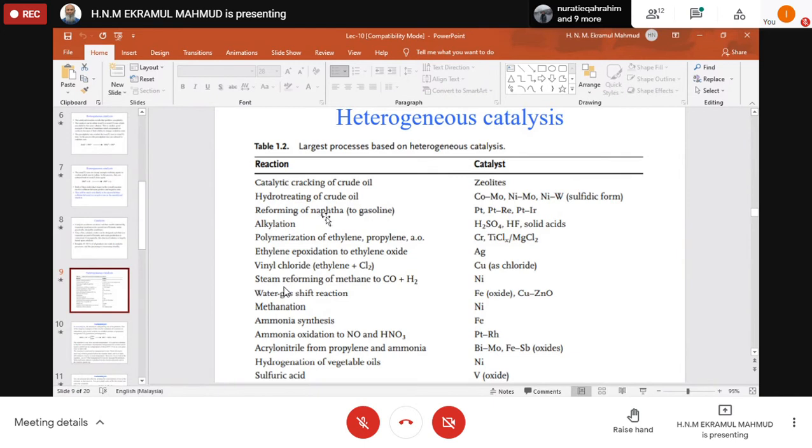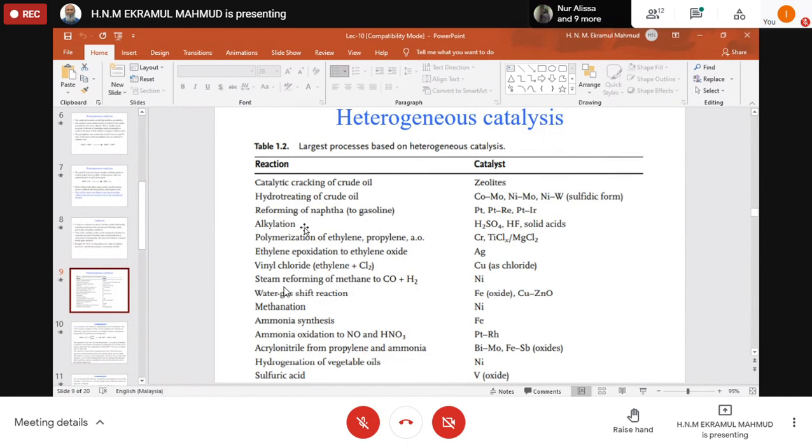Reforming of naphtha to gasoline: platinum compounds and other compounds. So we use different catalysts together with this. Previously, we have seen platinum, rhodium, palladium, right? This has dual functions.